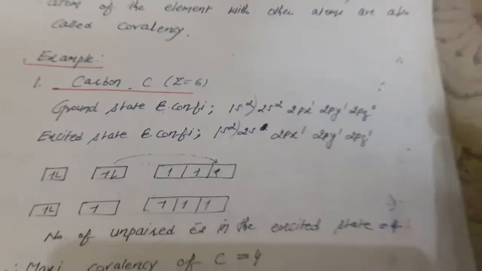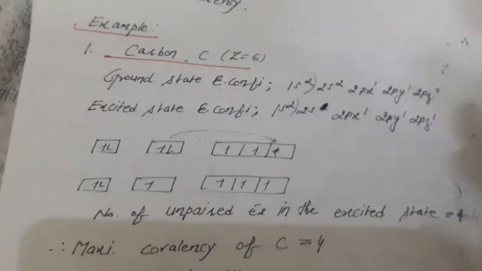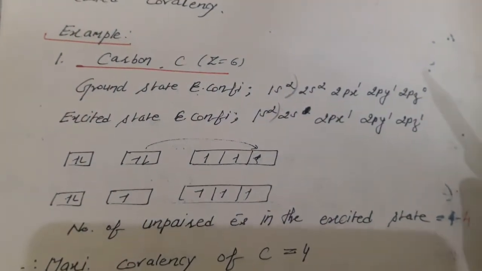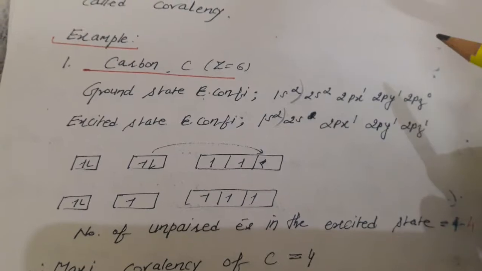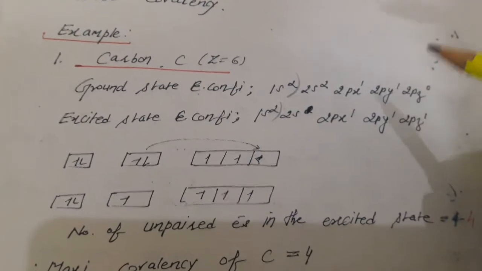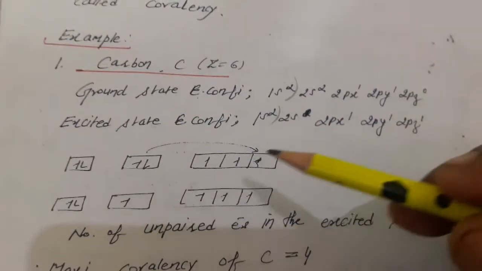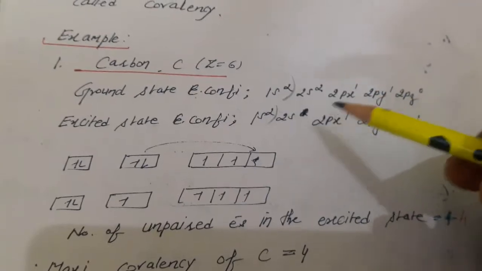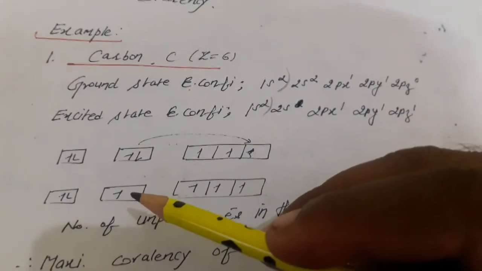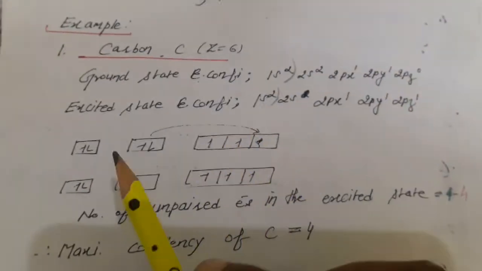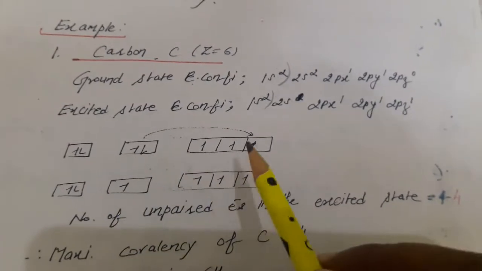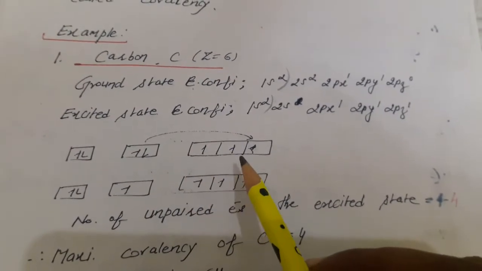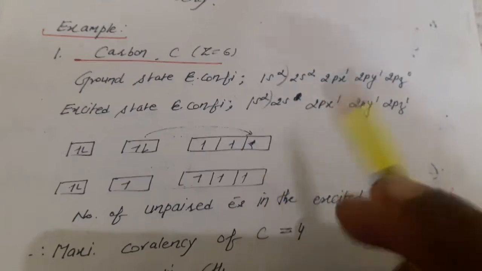If you want to understand the concept of variable covalency, you have to write both types of electronic configuration. First is this type and second is in orbital form. So I am writing 1s2, 2s2 and 2px1, 2py1 and 2pz0.